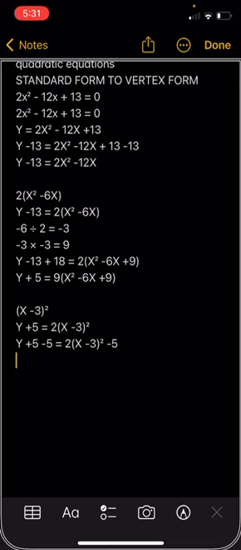On the left side, of course, the 5s are going to cancel out, leaving us with y, and that y will be equal to 2 times the quantity in bracket here, x minus 3, squared, minus 5. And so we have found our x and y coordinate for our vertex.